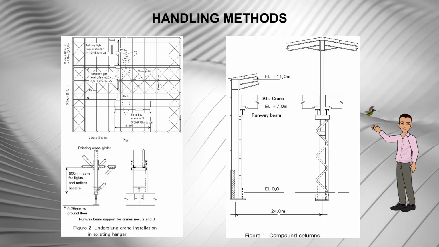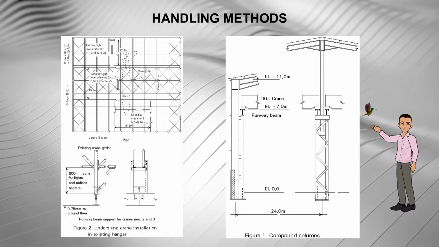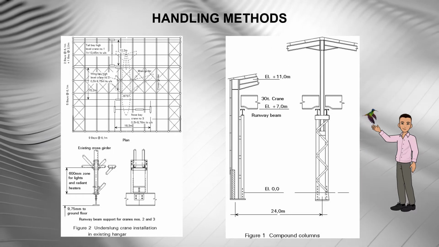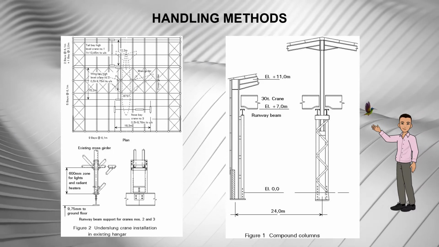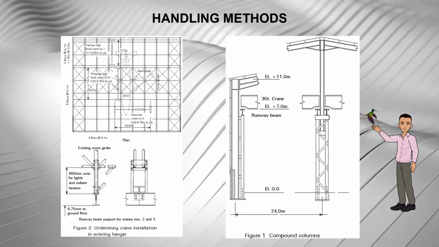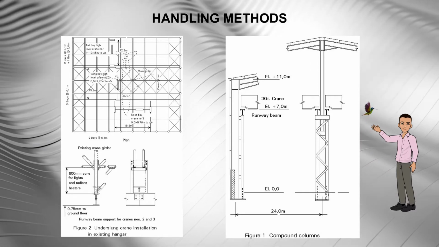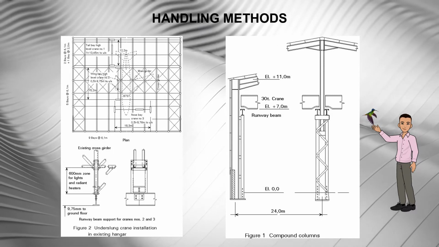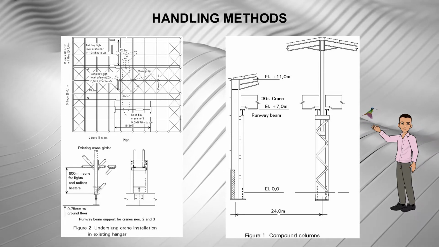Handling methods. Overhead cranes with capacity of 10 tons and more are a characteristic of heavy engineering works and power stations. They require the support of compound columns and runway beams to carry the vertical and surge loads, as shown in Figure 1.